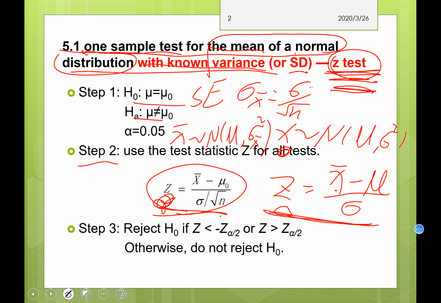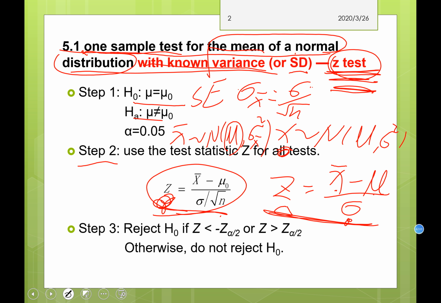So this mu is the population mean of original data X, but here it is actually the mean of X bar. So it's mu X bar. And we said that X bar has the same population mean, so it's still mu. It's not changed.